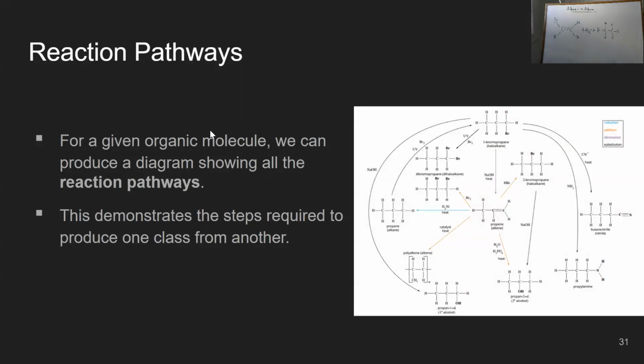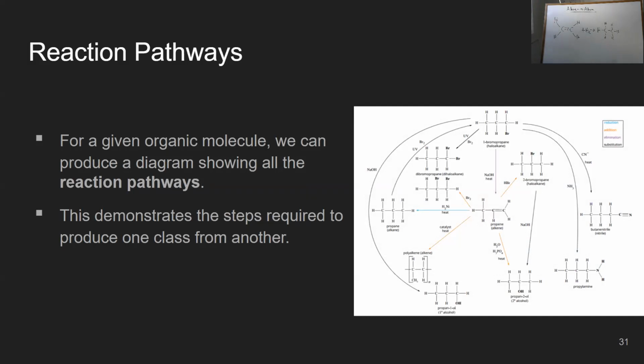So again, another thing to glue to your forehead, so every time you look in the mirror, you can see it. This shows all of the reaction pathways, all of the steps required to produce one class from another. And you can tell by what's being added. If I add cyanide, which is CN, it's going to produce a nitrile because that's a carbon to nitrogen bond in the functional group.